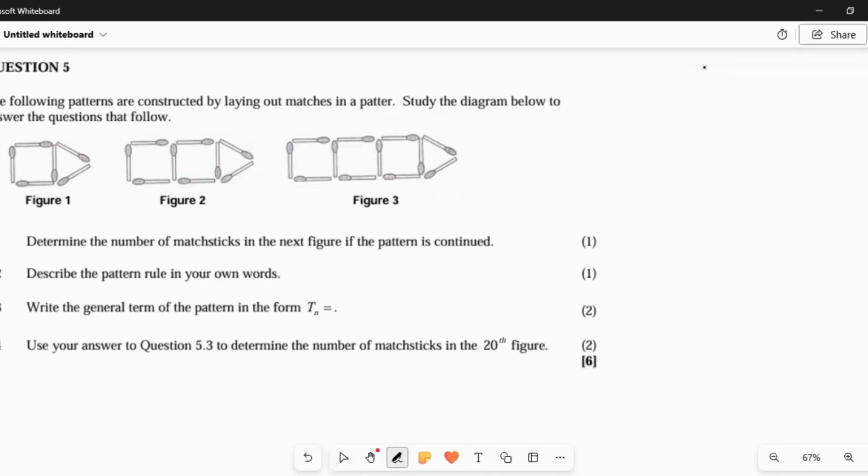They are saying now, question 5, the following patterns are constructed by laying out matches. So we're not going to focus on matches in a pattern. Study the diagram below to answer the questions that follow. Okay, so we have figure 1, figure 2, figure 3.